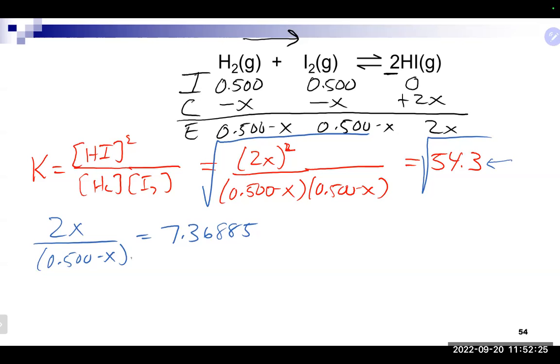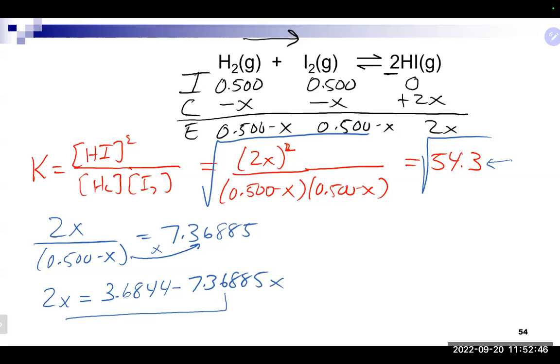We want to solve this. So mathematically, we have to take what's on the bottom on the left and multiply it over to the other side. When we do that, that's going to give us 2x is equal to 3.6844 minus 7.36885x. We're then going to combine our x's, so we're going to add this to the other side.